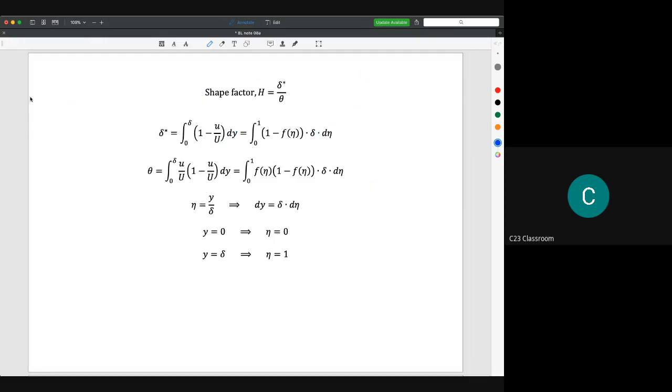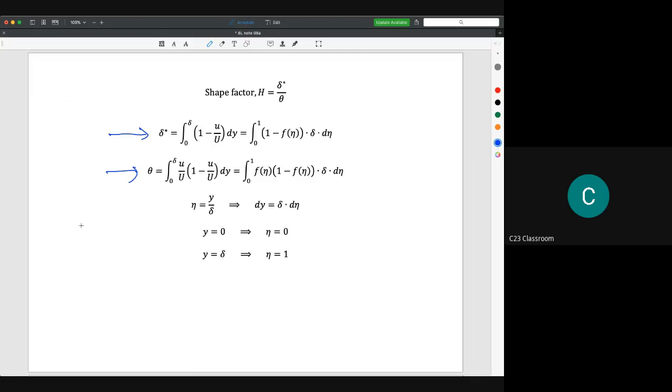Previously, the equations to calculate displacement thickness and momentum thickness are given like this. Delta star is equal to the integration from 0 to delta of 1 minus u over U dy, and theta is the integration of u over U times 1 minus u over U dy.